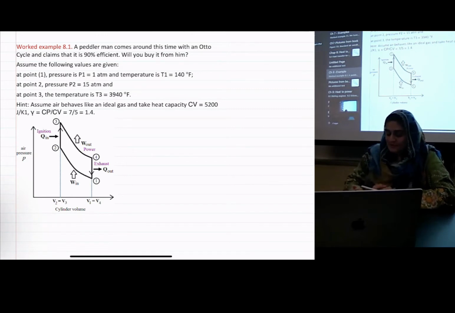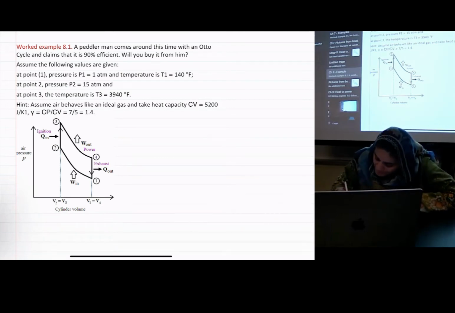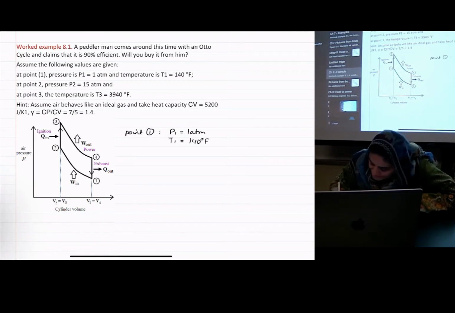Okay, so what are we given? Points 1, 2, 3, and 4. For point 1, P1 is 1 atm and T1 is 140 degrees Fahrenheit. For point 2, they give you P2 as 15 atm.